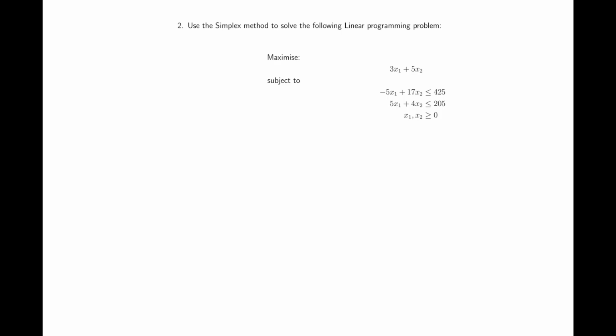The first thing we will do is write this in standard form, where we will write all our constraints as equalities with slack variables. So we can rewrite this as maximize 3x1 plus 5x2 subject to minus 5x1 plus 17x2 plus our first slack variable s1 is equal to 425.